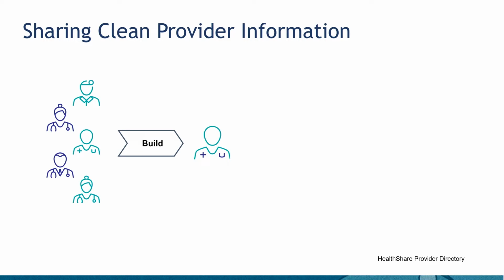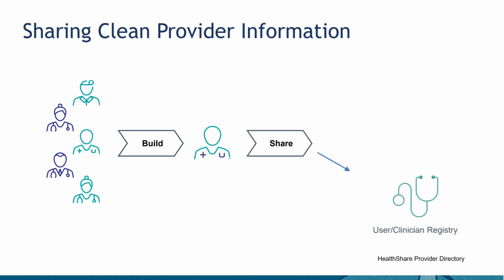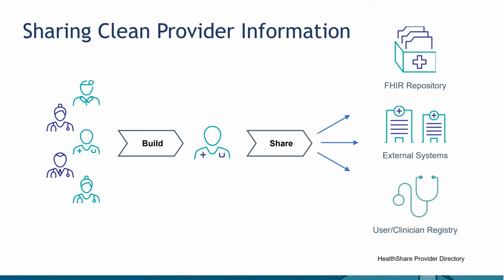Not only that, it allows you to share that information downstream, whether it's with the user clinician registry in the unified care record to drive notifications by using identifiers and endpoints for notifications, or populating the FHIR repository, which is used for the CMS solution pack. Additionally, you can use Provider Directory to push updates to downstream health systems that need clean, updated provider information.